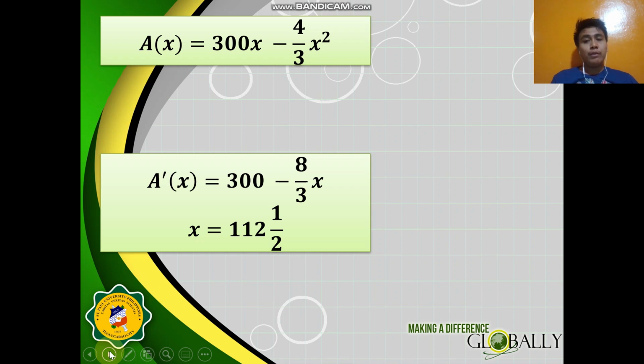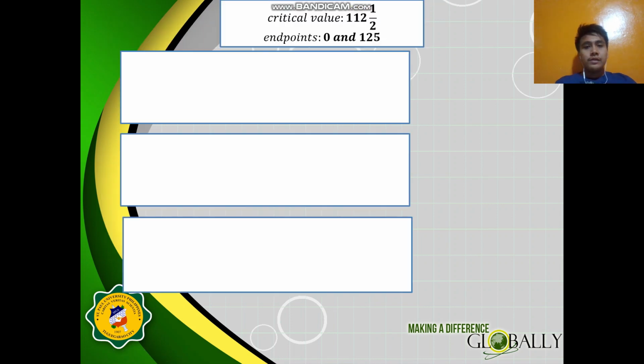And by evaluating it to get the value of x, we obtain x is equal to 112 and a half. So now we already know the value of our critical value, which is 112 and a half, and our endpoints 0 and 225. Let's now find the values of our absolute minimum and absolute maximum.